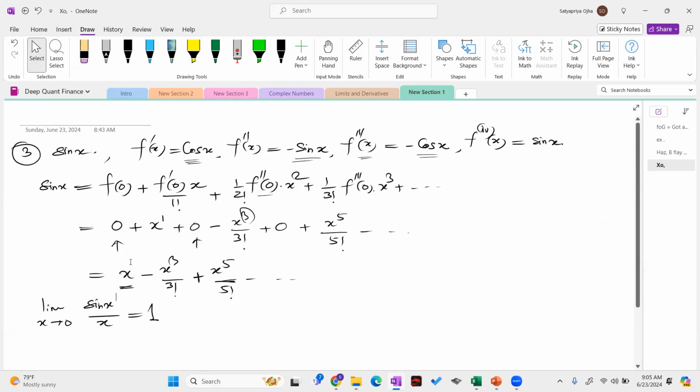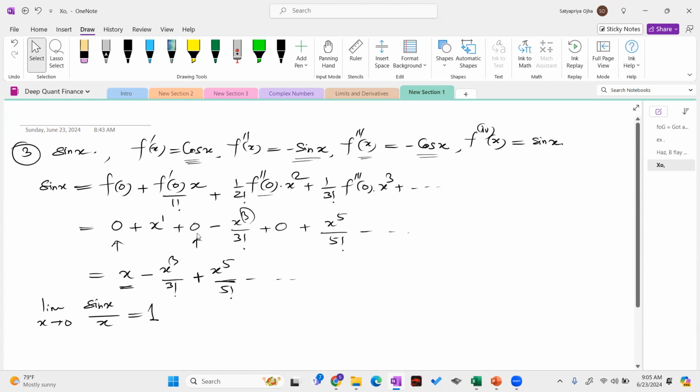Let me ask you this. What is the constant approximation of sin x? 0. Perfect. I didn't write 0 in the final expression because 0 is 0. But if you look at the constant approximation, the first term is 0. So your approximation of sin x is 0 everywhere.